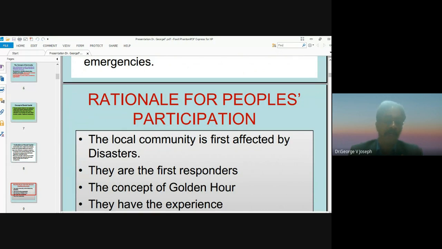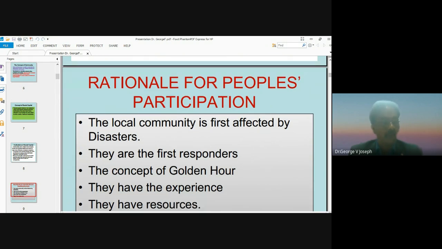The government and other agencies take time to reach the place. And there is a concept called the golden hour in disaster risk reduction or disaster response, wherein the first hour of a disaster is very important for people to manage the disaster event. If they are able to provide response within the first hour of the disaster, the affected people's chance of survival is 300% more.